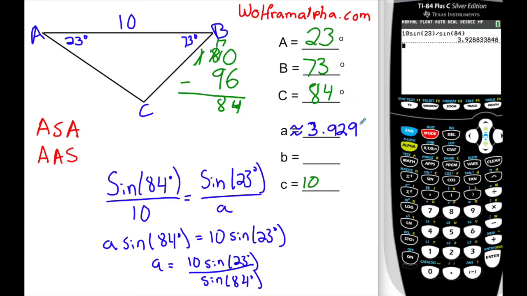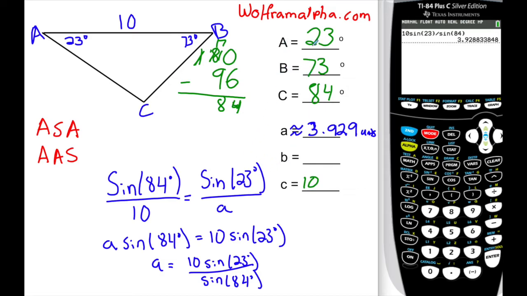I'm not going to make you write anything down in this case because there's no units implied. It's not a word problem where there's units implied, and it's not a situation where the units are actually in the triangle. So if you left it like this, I personally would be fine. If you want to put units, you can do that as well.